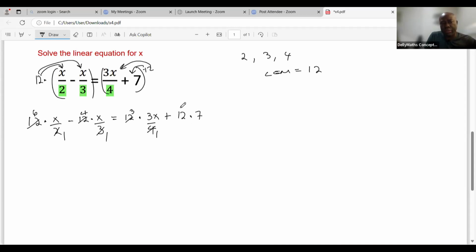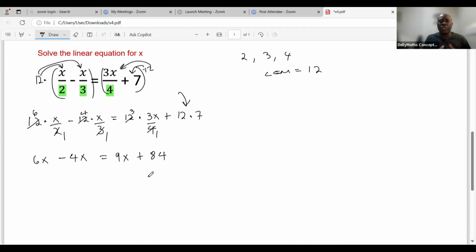Then we multiply here and simplify. 6 times x gives us 6x, minus 4 times x is minus 4x. On the right side, I'll have 3 times 3x, that's 9x, plus 12 times 7, and that's 84.